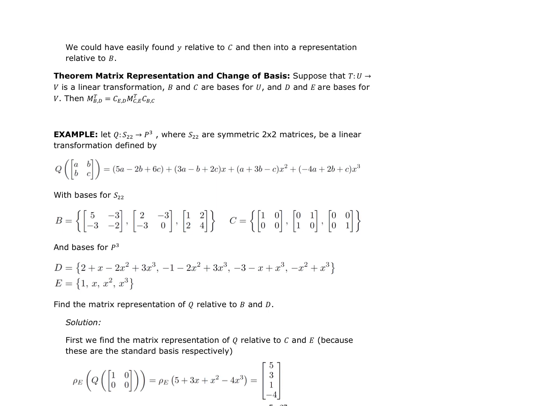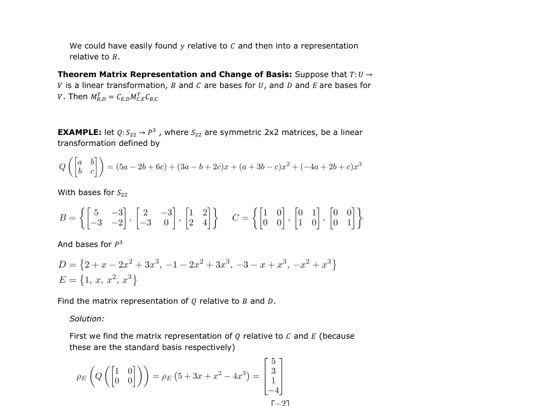Because if we look at it, C is a standard basis for symmetric 2 by 2 matrices, and E is a standard basis for polynomials of degree 3 or less. So I want to figure out how I go from a standard basis of symmetric 2 by 2 matrices to a standard basis of polynomials of degree 3 or less.